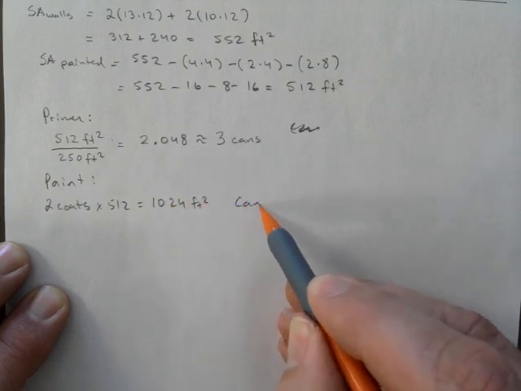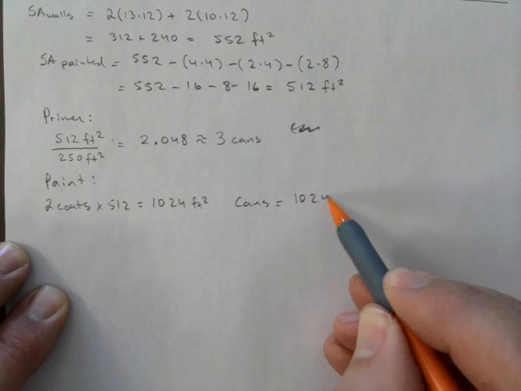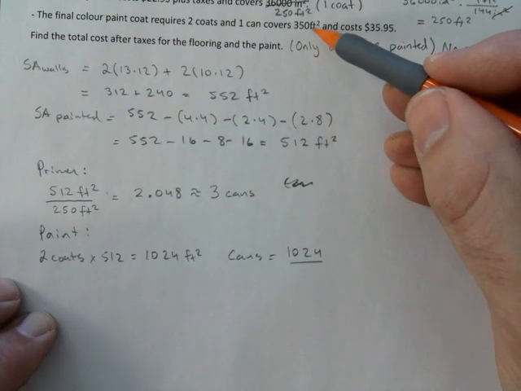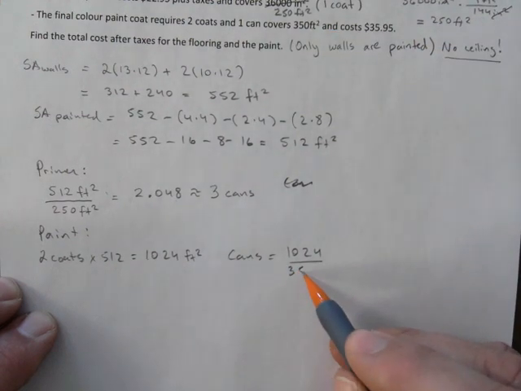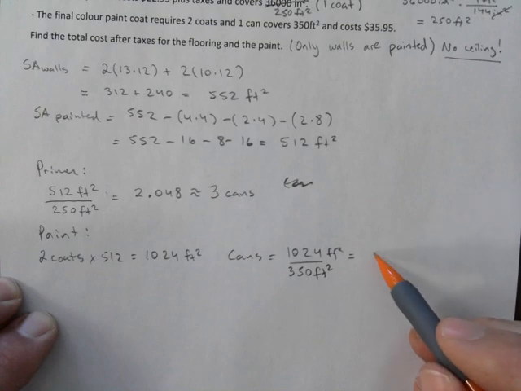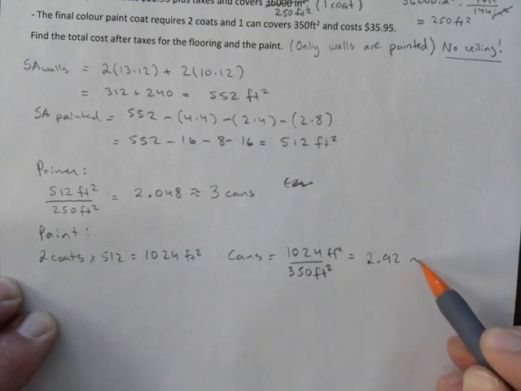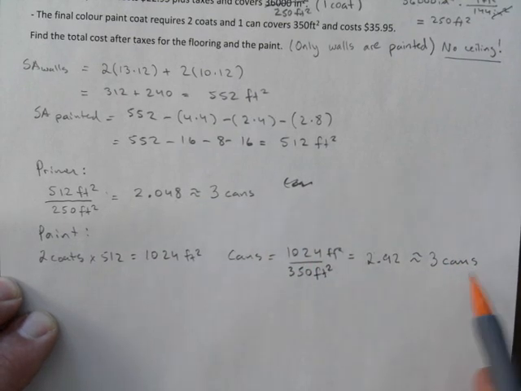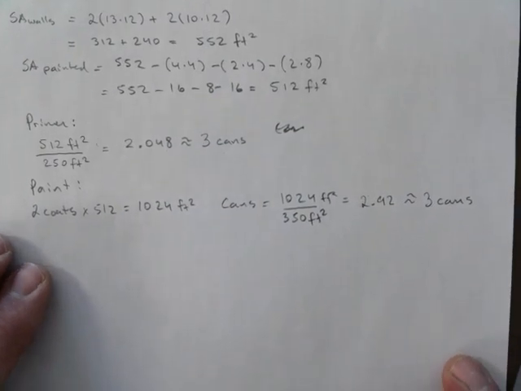So if I figure out cans, I'll just go 1,024 divided by a can of paint covers 350 square feet. Right? So that gives me 2.92, which is approximately 3 cans as well. So same number of cans for both projects so far.